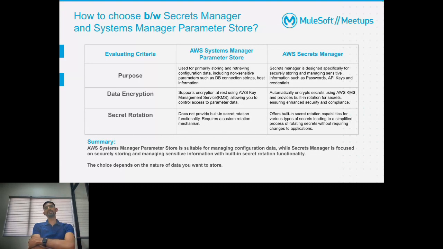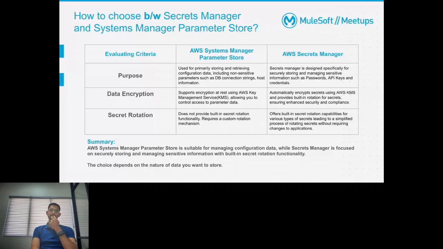Then the data encryption. There is support for data encryption using the AWS Key Management Service, which provides fine-grained access control to parameter data. However, in AWS Secrets Manager, we don't have to do it manually.